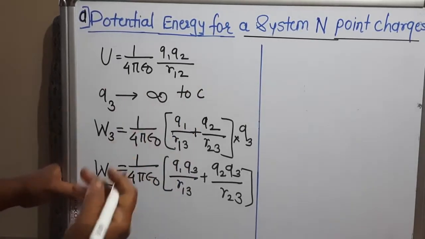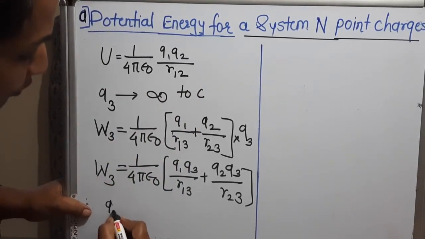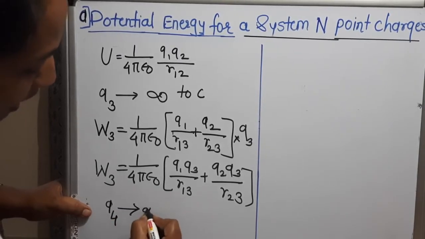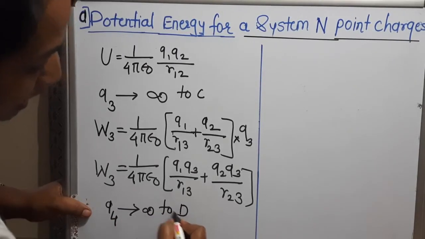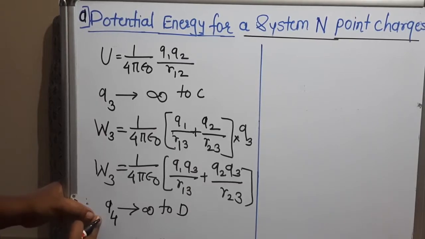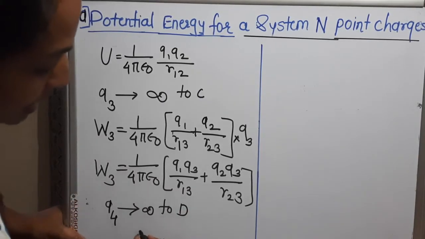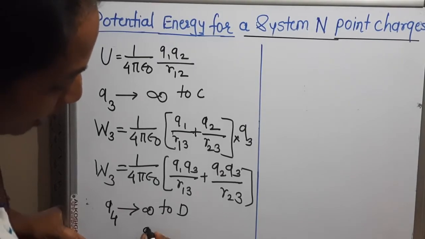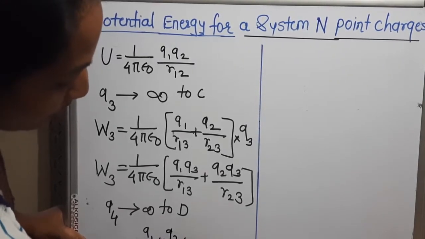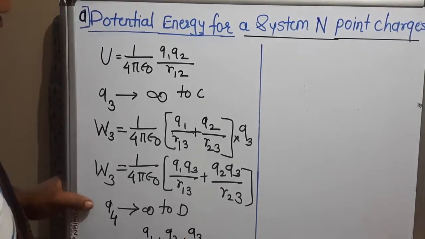Here we consider the next charge Q4, which is brought from infinity to point D. When this charge Q4 is brought from infinity to D, work has to be done against the electrostatic force of Q1, Q2 and Q3.